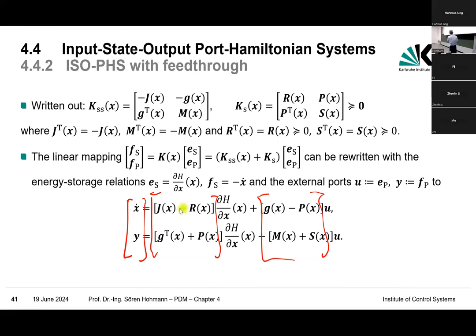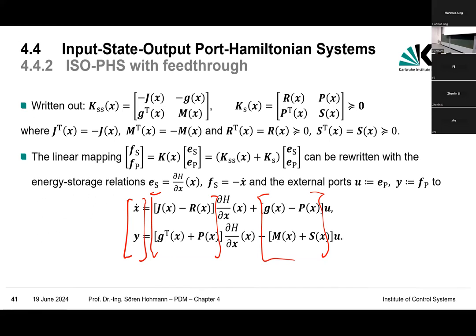Written out, we get exactly this structure. So what we can say, every alternate Newtonian system can be written in this form if the resistive structure is linear in its effort and flow variables. That's it.